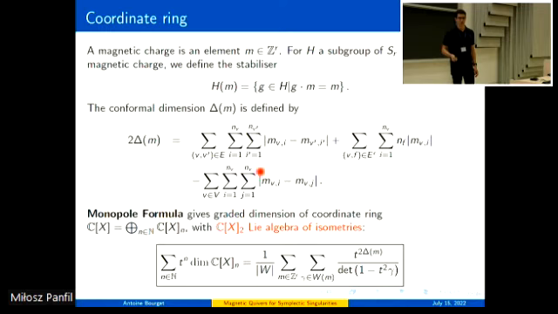So you have to introduce all these notations, but this is based on the realization of the Coulomb branch as dressed monopole operators, and you obtain this formula, which tells you the graded dimension of the symplectic singularities purely in terms of quiver data.